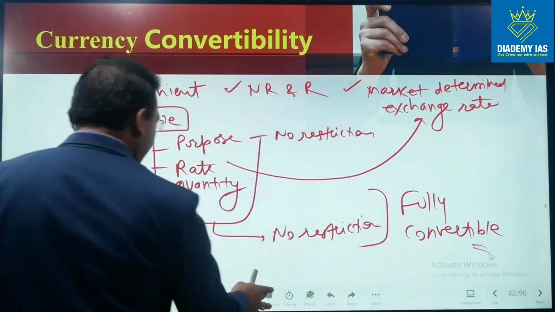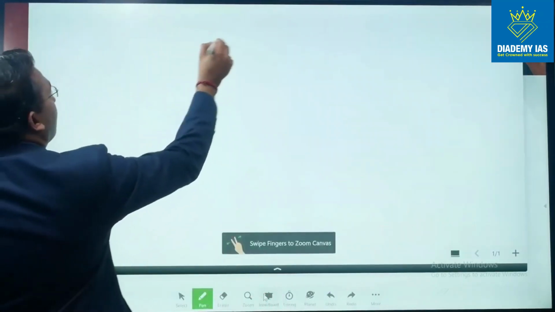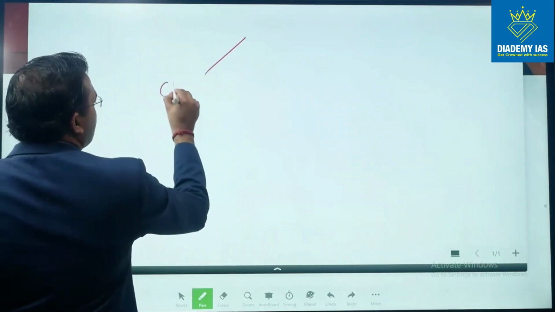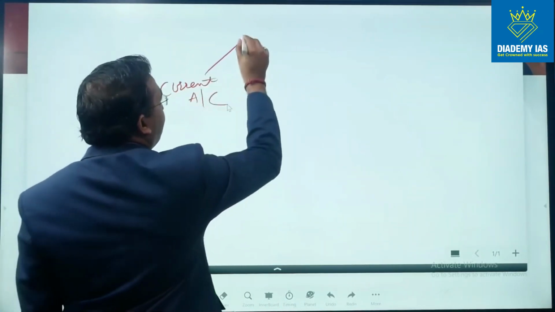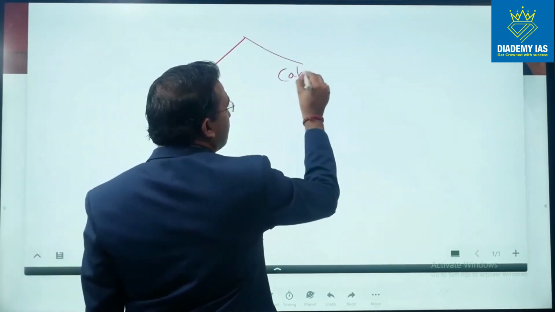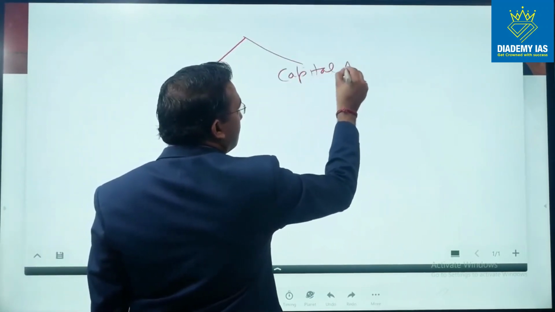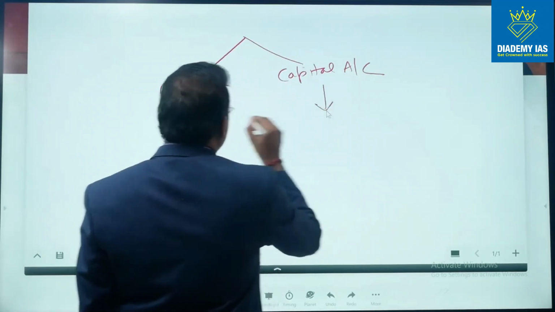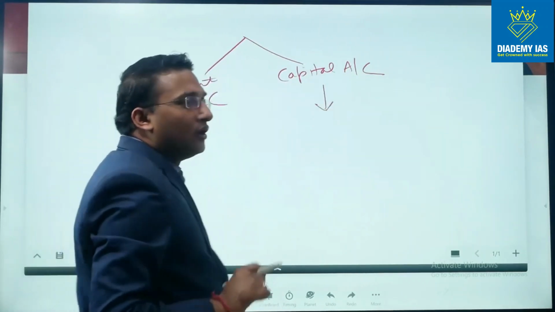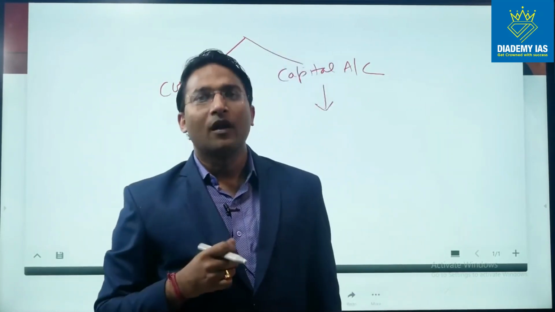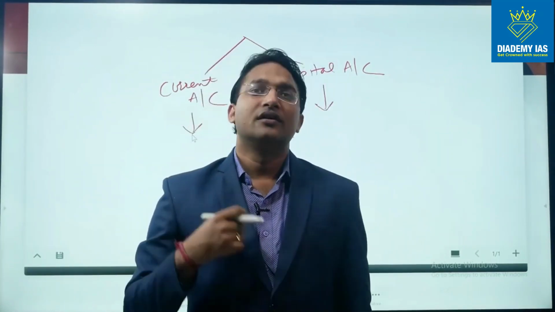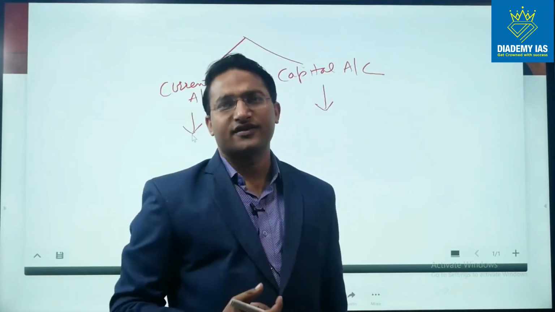Now, in the balance of payments, there are two kinds of transactions. One is current account transactions, another category is capital account transactions. Current account transactions are, for example, the import and export of goods, invisible services, transfers, gifts.